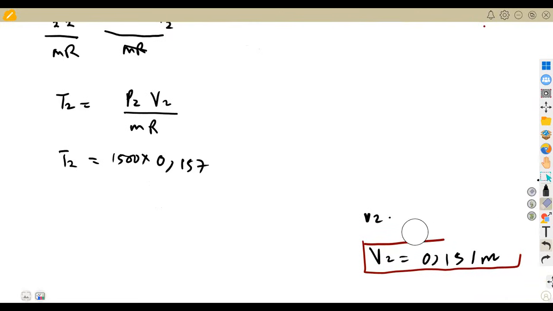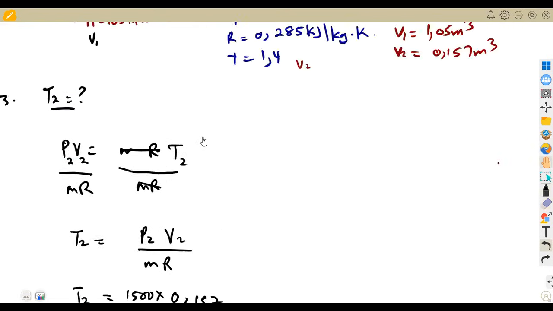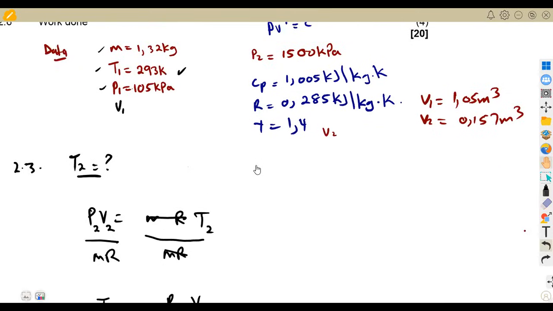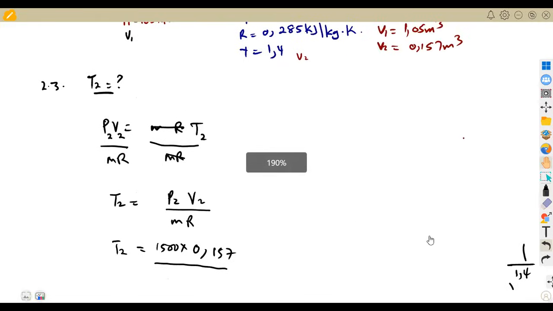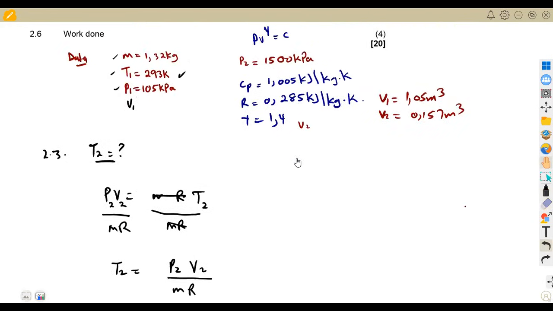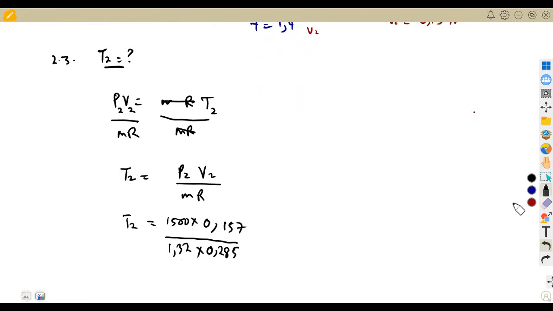And also, we've got the mass of the gas, given as 1.32 kilograms. So you're going to substitute 1.32 kilograms, times the gas constant. If we check, our gas constant is 0.285. All right, so this is going to give us the value of T2.